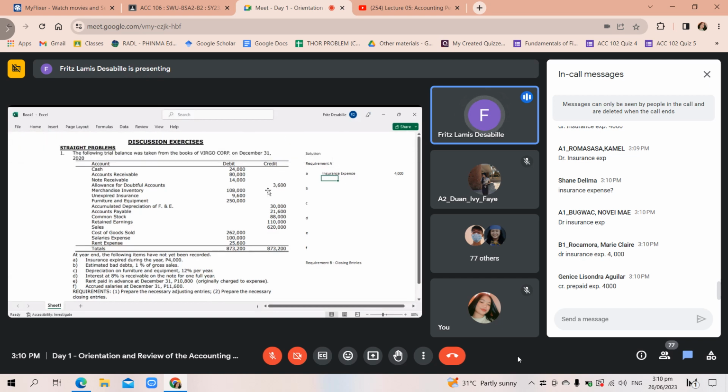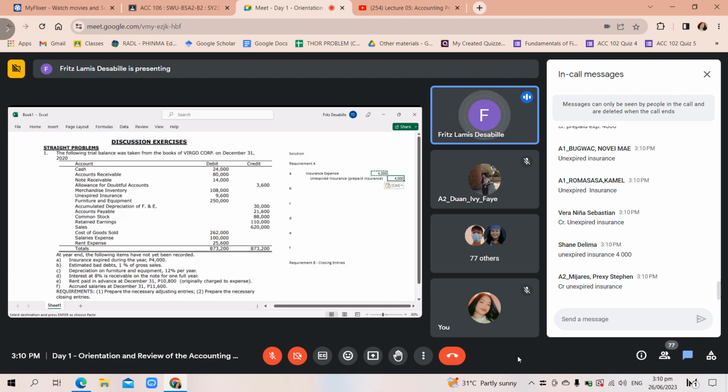Let's be consistent. Let's use unexpired insurance. But correct, that's prepaid insurance. Sometimes we get confused which term is used, depende lang sa naghatag sa material. Correct. So this is our adjusting entry.